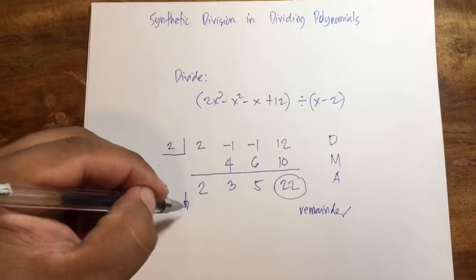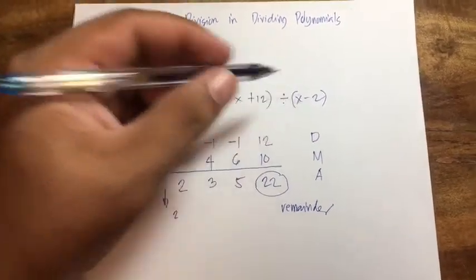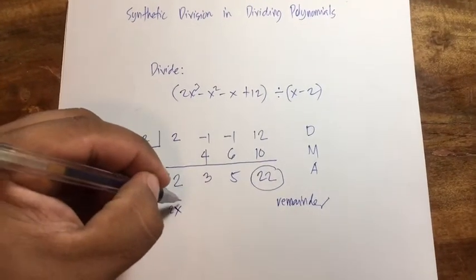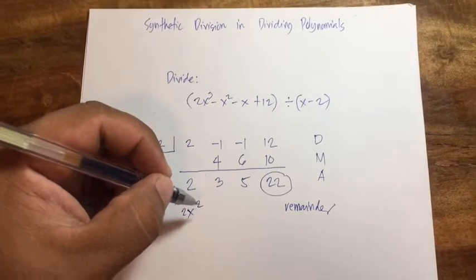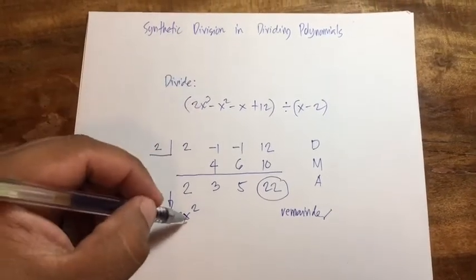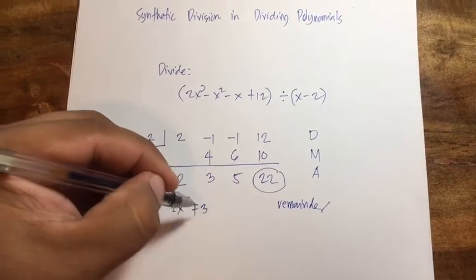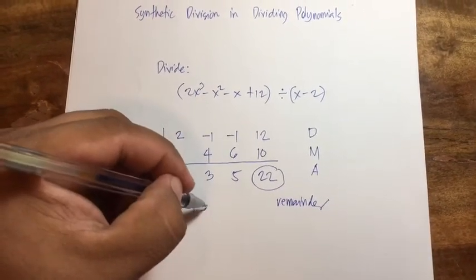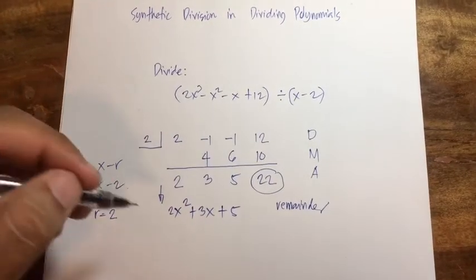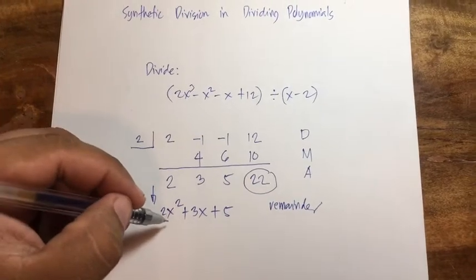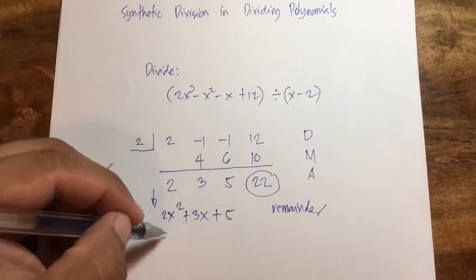In this case, 2x cubed divided by x is 2x squared, which is 1 less than the degree of our polynomial. Then plus 3x, then the last term is 5. So our quotient is 2x squared plus 3x plus 5 with our remainder of 22.